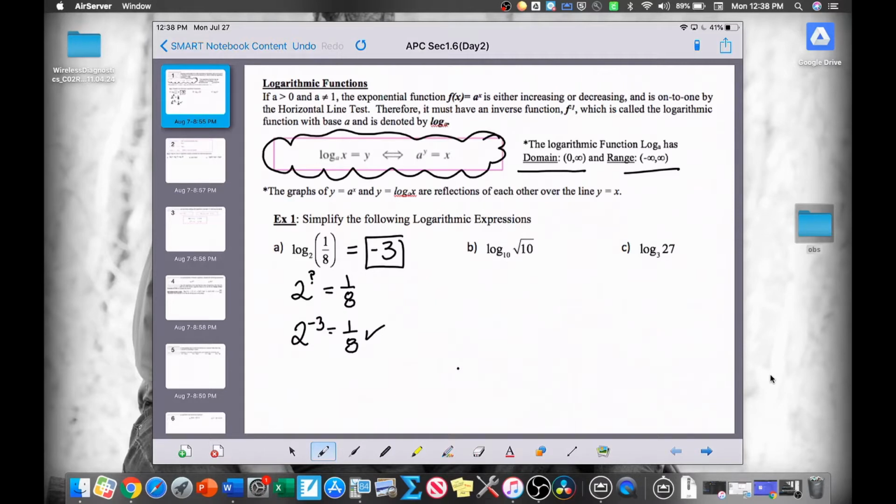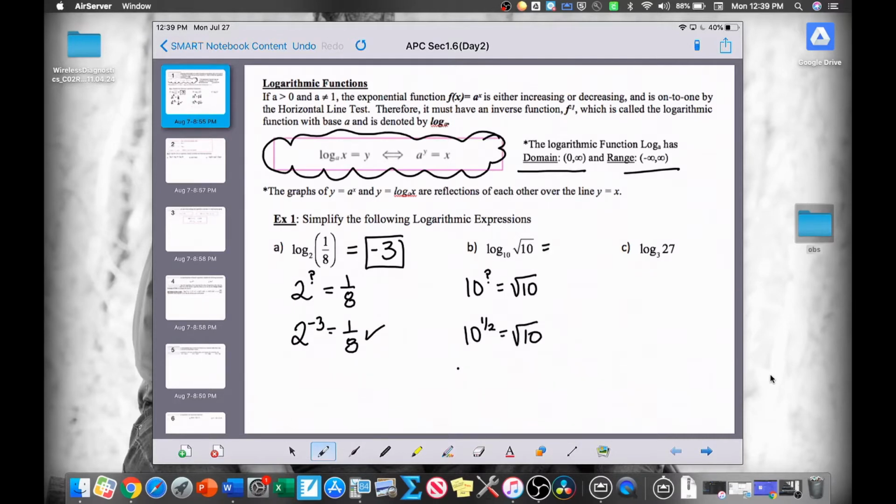In letter B, we have log base 10 of the square root of 10. So again, I am going to change form here. If I want to know what this expression would be equal to, I would say, well, 10 to what power is equal to the square root of 10? Well, what power gives us a square root? That is a 1/2 power, right? 10 to the 1/2 power is the square root of 10.